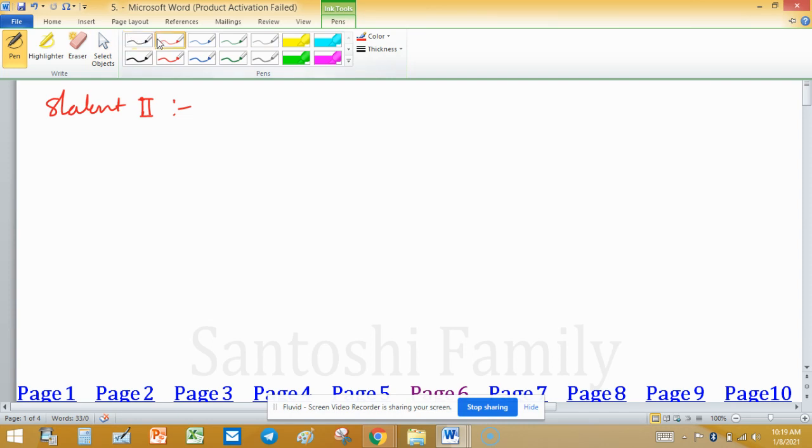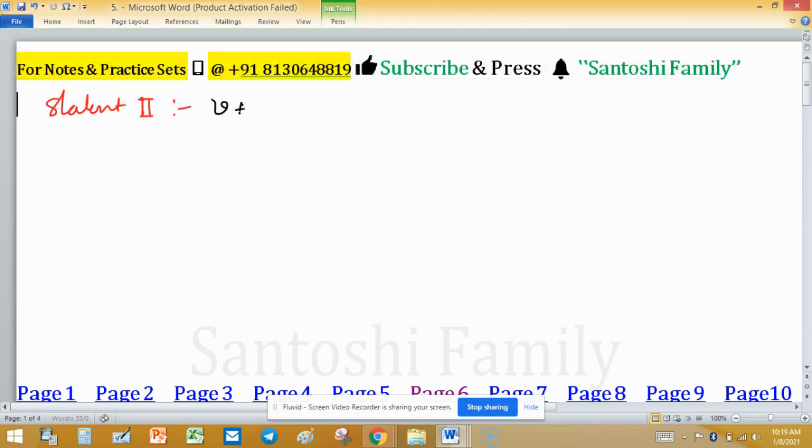First find v plus w: (minus 1, 2, 0) plus (1, 1, 1) is equal to (0, 3, 1).